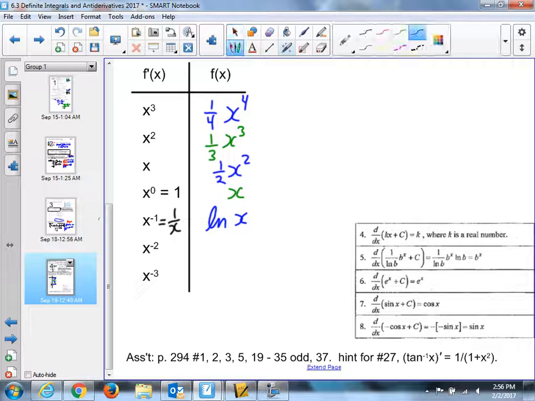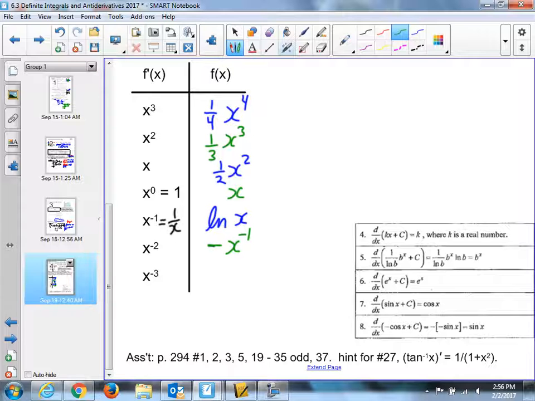You got x to the -2. You must have had x to the -1 first. Now 1 over -1 is the fraction, I'll just call it negative. That derivative. You guys follow that? Same pattern for everything else.